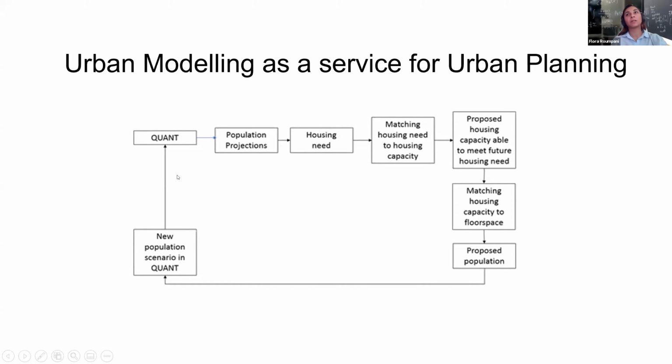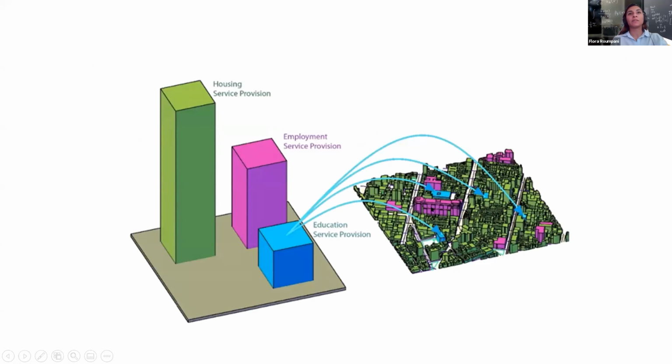And this creates a feedback loop from a lower tier to an upper tier model. And this diagram shows exactly how this is done. We have a city model on the right hand side, and a regional model on the left hand side.